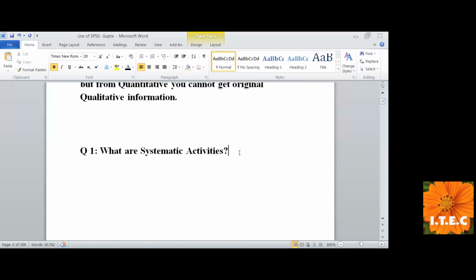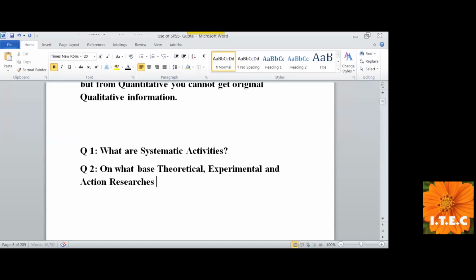Question number 2 is: on what base can theoretical, experimental, and action researches be differentiated? So any one of you try to answer this particular question.